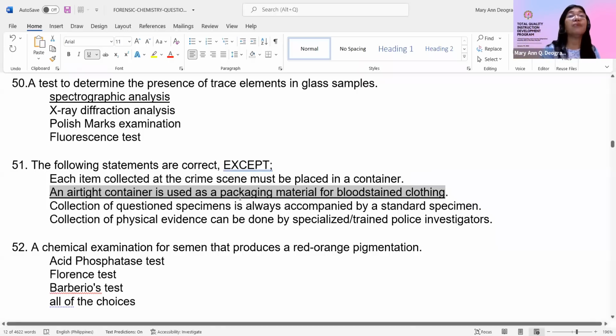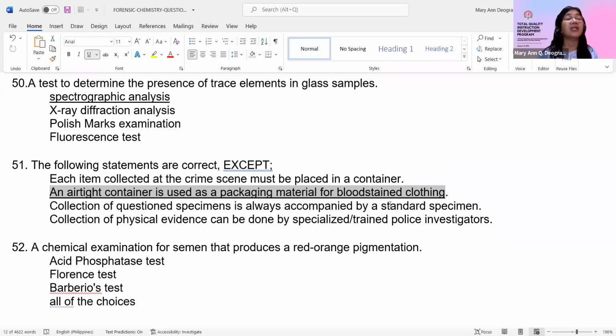Yung letter C naman: question specimen is always accompanied by standard specimen. Bakit kailangan natin ng standard specimen? For comparative examination. So magiging useless. Halimbawa, blood yan. Meron tayong mga question blood or question specimens na collect sa crime scene, wala tayong kinuhang standard specimen.